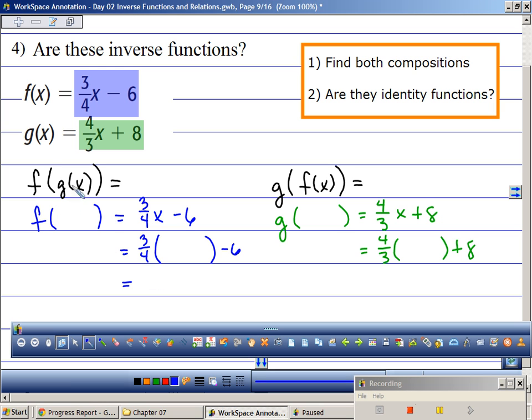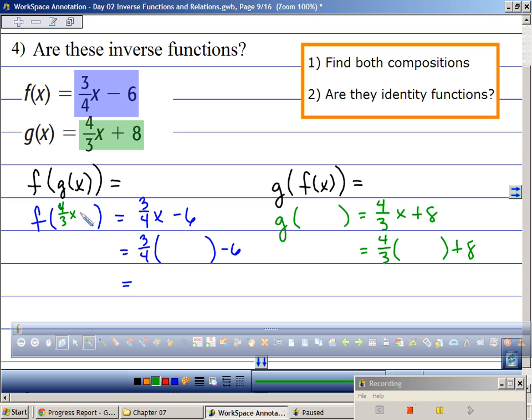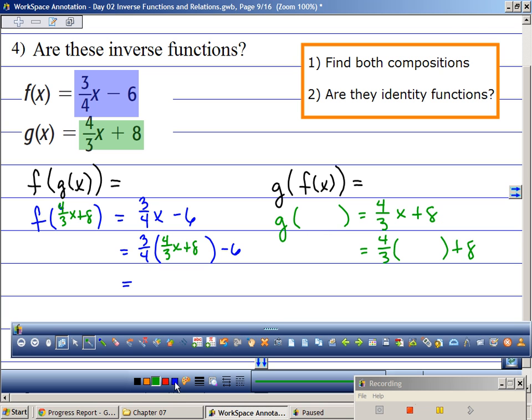Over here, my g function is 4/3 x plus 8. Over here, my f function is 3/4 x minus 6.